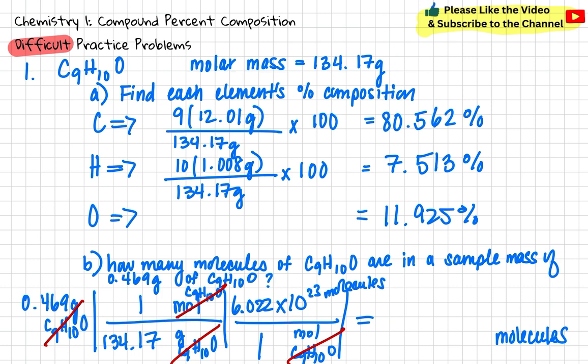And I'm going to divide it by everything at the bottom, which is 134.17 times 1. Once I do that in the calculator, my answer is 2.105 times 10 to the 20 molecules.